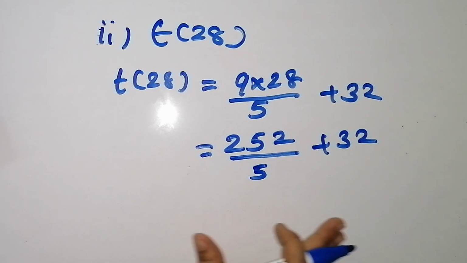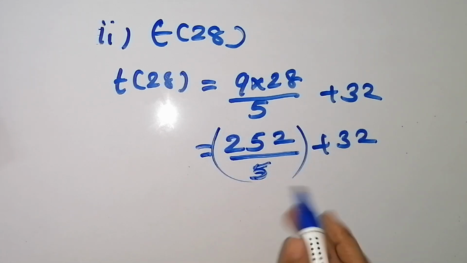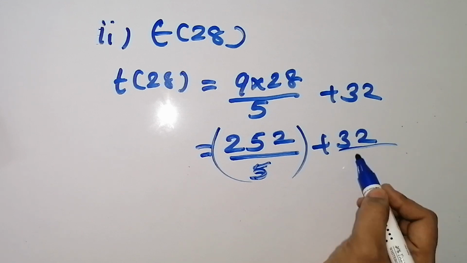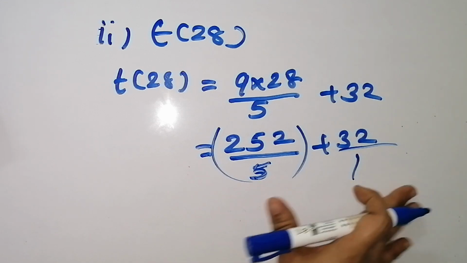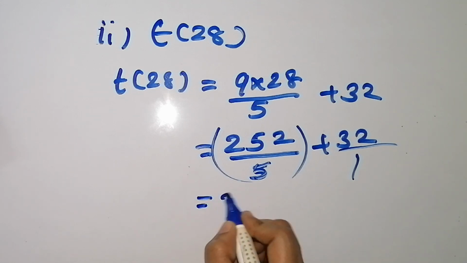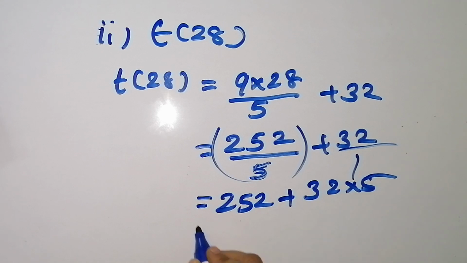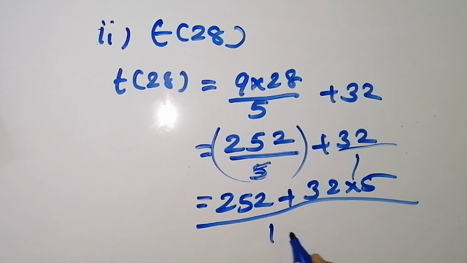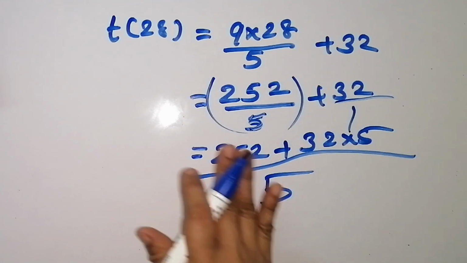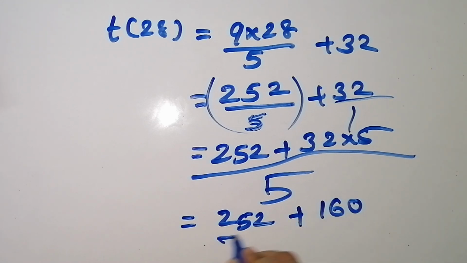Next we move to the LCM part, because only one number has a denominator and the other has 1. So we equalize the denominators of these two terms, which is equal to 252 plus 32 into 5, all divided by 5, our denominator. That is 252 plus 160 divided by 5.